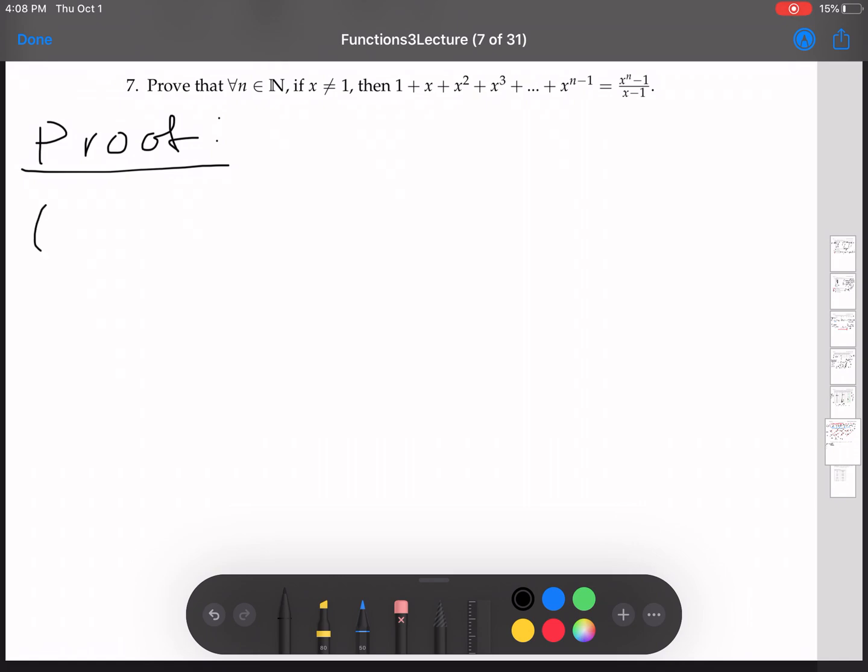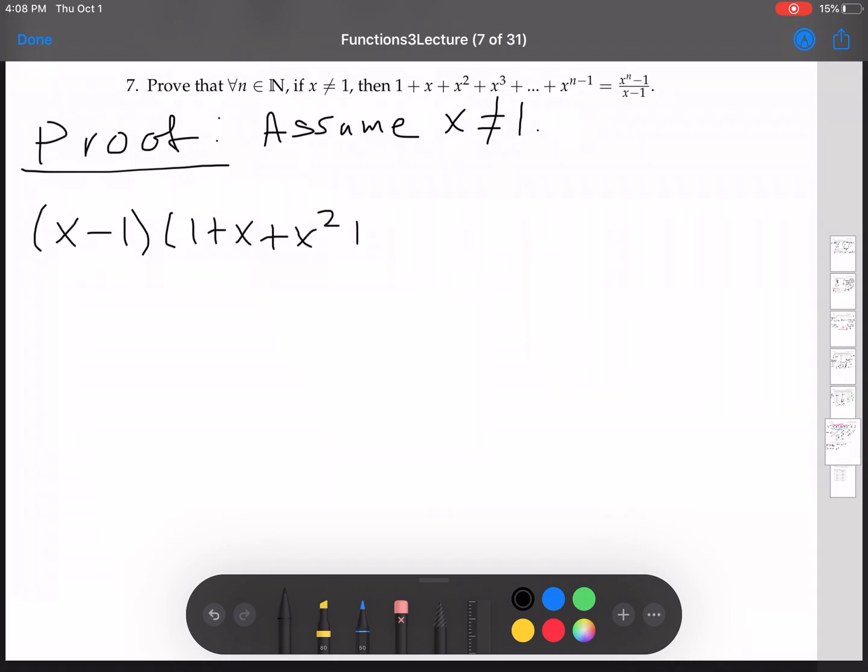All right, so I guess I should state my assumptions. Assume x is not 1. Now we'll multiply using the distributive property: 1 plus x plus x squared plus x cubed, and so on up to x to the n minus 1.